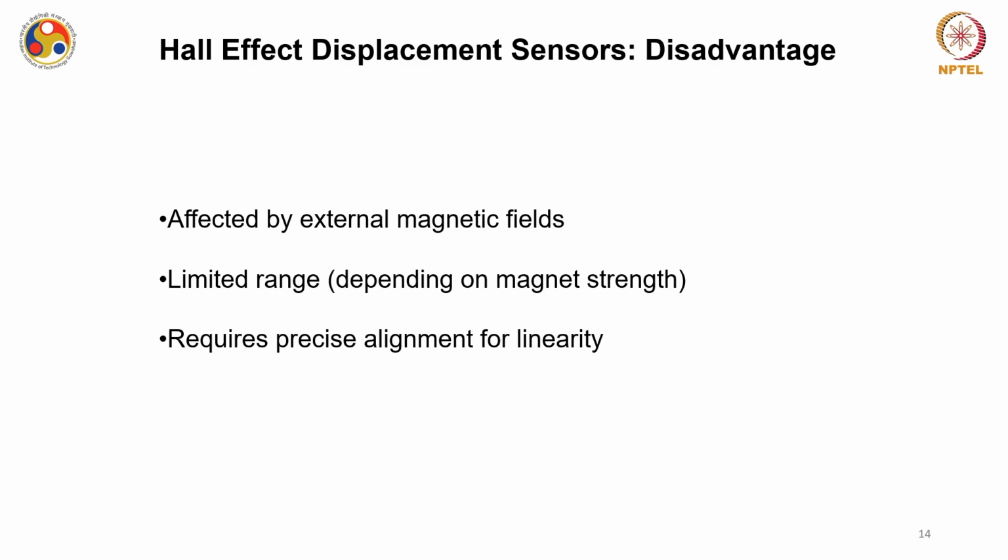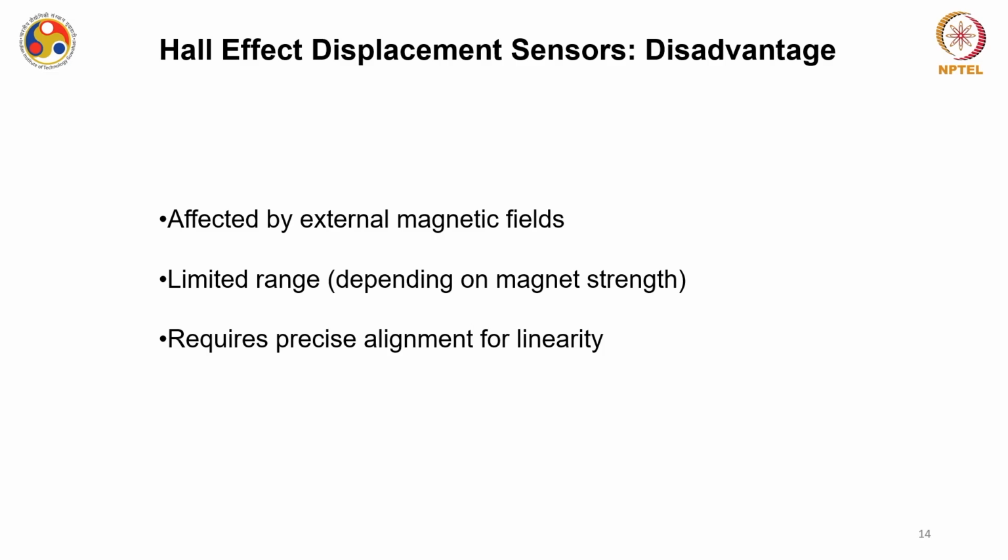Then, this device has a limited range, and that will depend on the magnetic strength of the object in the vicinity whose displacement we are trying to detect. And they require precise alignment for linearity.